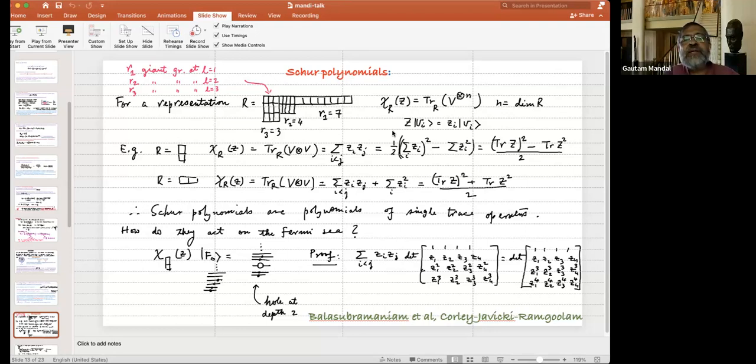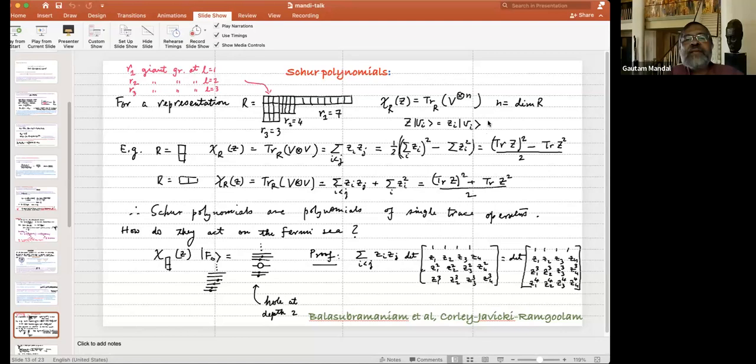Let's say the fundamental representation is something that I call V. Let me call the basis of V spanned by Vi, such that Z acting on Vi is diagonalized and given by zi Vi.